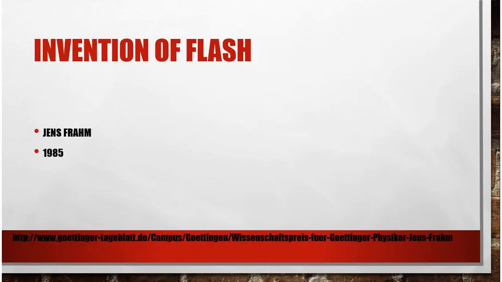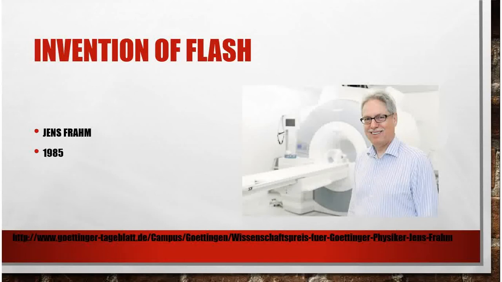With this motivation, in 1985, Jens Frahm and his colleagues invented FLASH, which is the abbreviation of Fast Low-Angle Shot MRI technique. And then the idea of FLASH led to rapid enhancements in MRI.